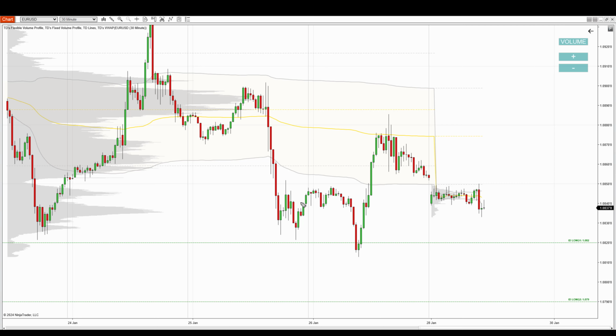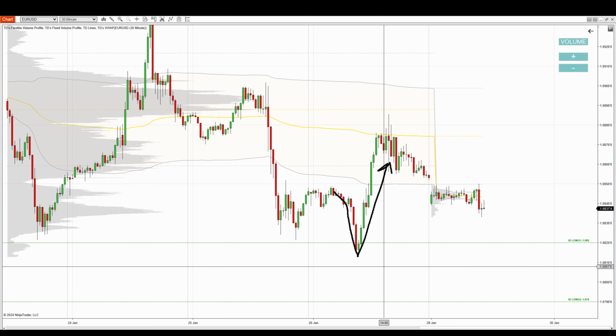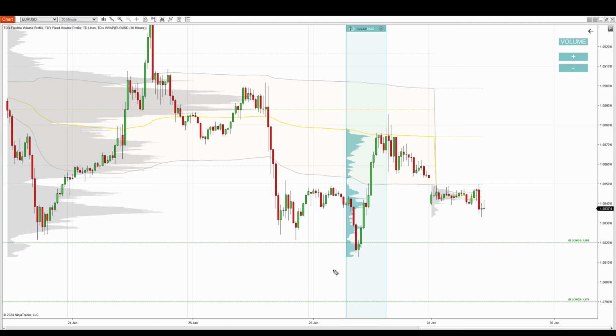As you can see in here, the price was dropping aggressively, then it reversed and went upwards, also very aggressively. And within this rejection zone, there was heavy volume formed in here, a heavy volume cluster.